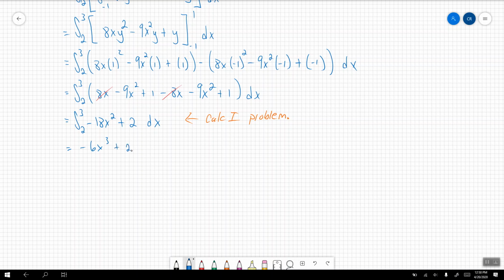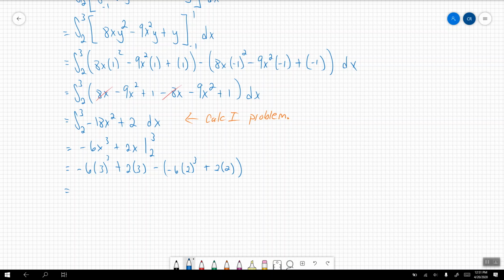And then plus 2x evaluated from 2 to 3. This is negative 6 times 3 cubed plus 2 times 3, minus, that's going to be negative 6 times 2 cubed plus 2 times 2. There we are.